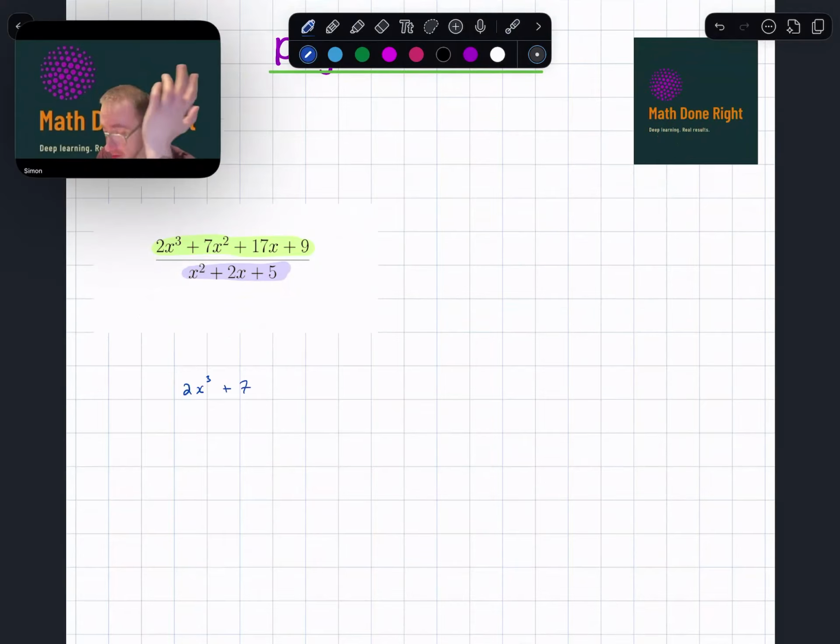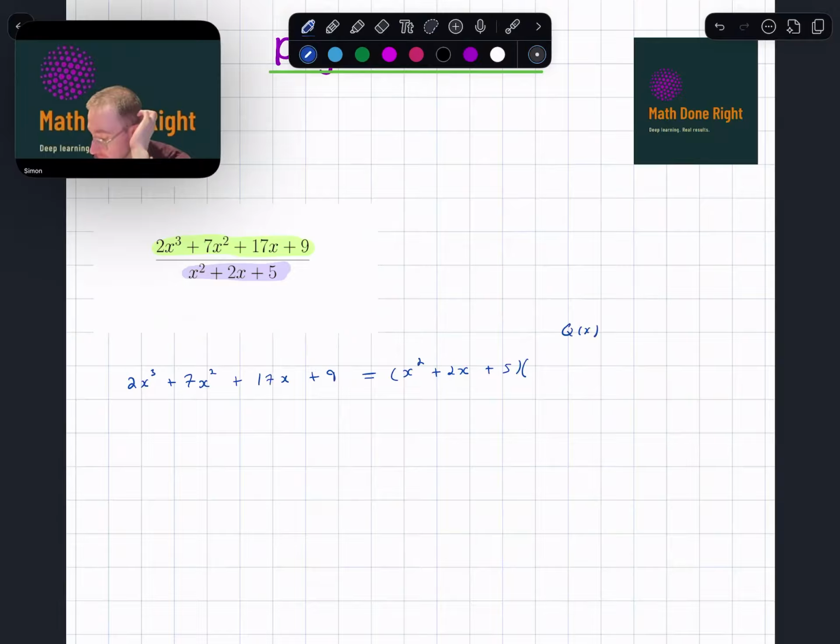So we do the same thing that we always do, right? This is 2x cubed minus 7x squared plus 17x plus 9, and we're setting it equal to x squared plus 2x plus 5, and then we're multiplying this by the quotient, which is a function of x that's going to be a linear term, and then plus the remainder, which I'm going to write as r of x to indicate that it can be a linear term, so it can have an x in it, right?